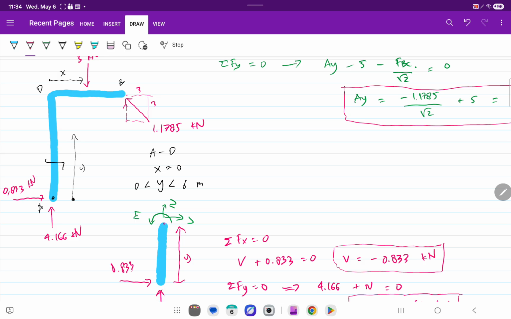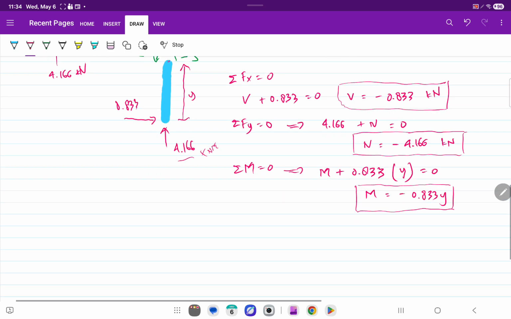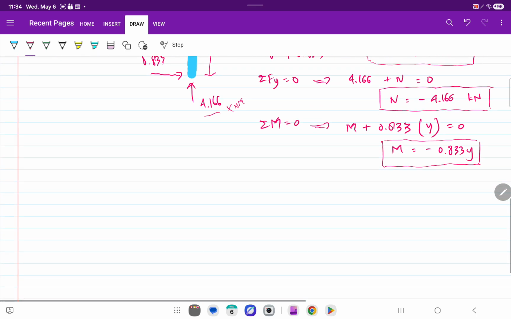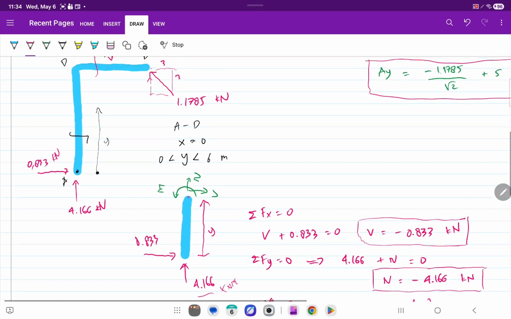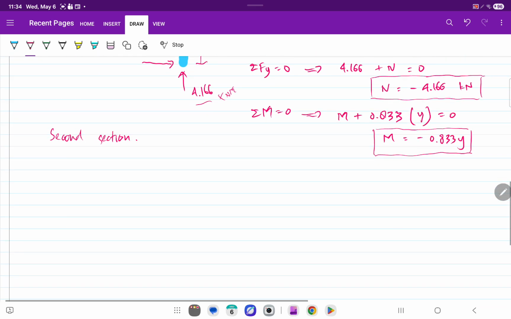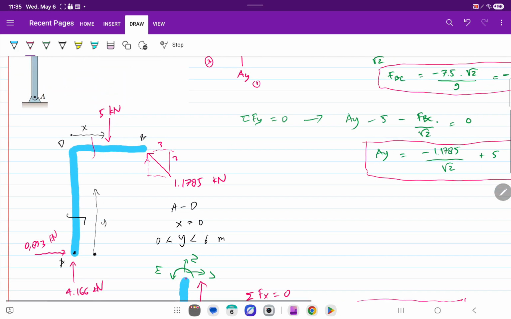So the next sectioning is here. So now let's do the second section. Second section is for D to B, but in this case now the y is constant.